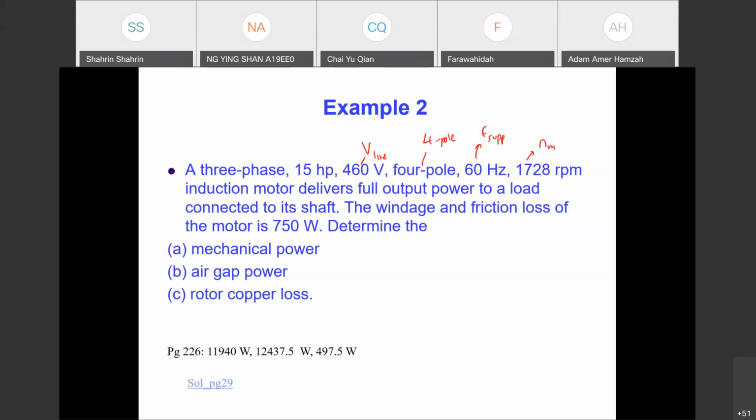The first thing that you need to do is to get the slip.